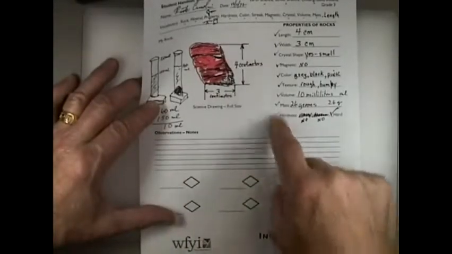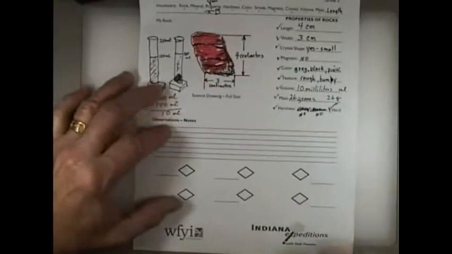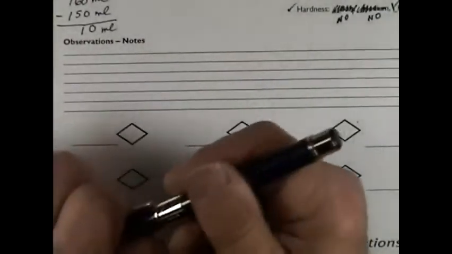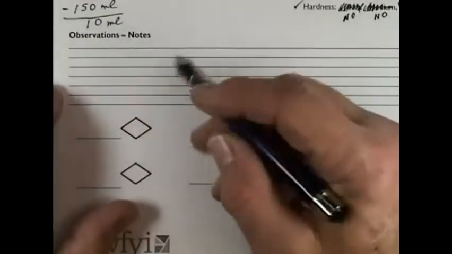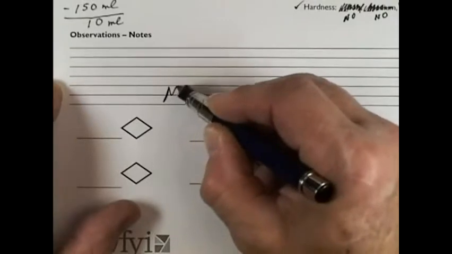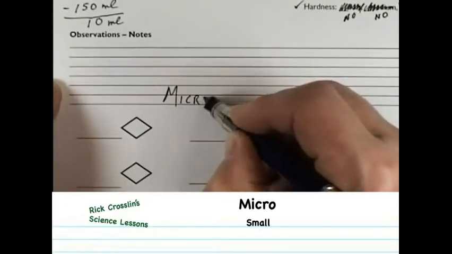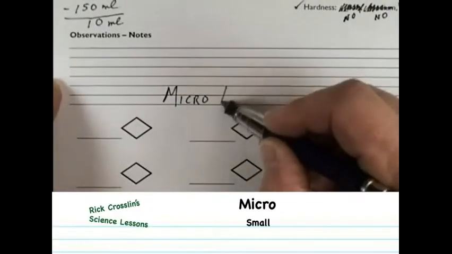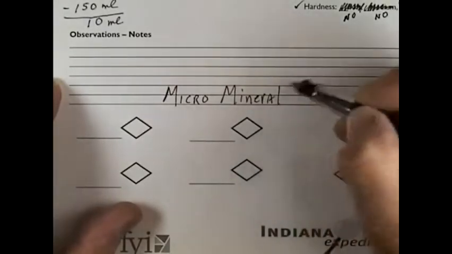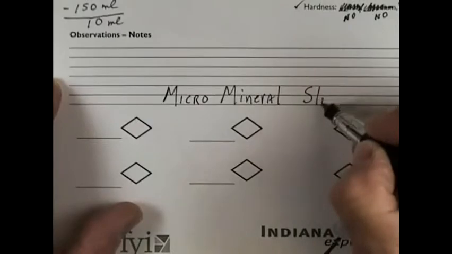You can finish up by writing some sentences about your mineral here, and I'm going to show you how to make a micro, which means small, mineral slide.